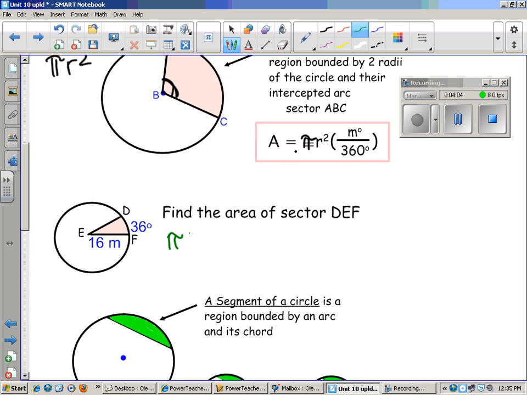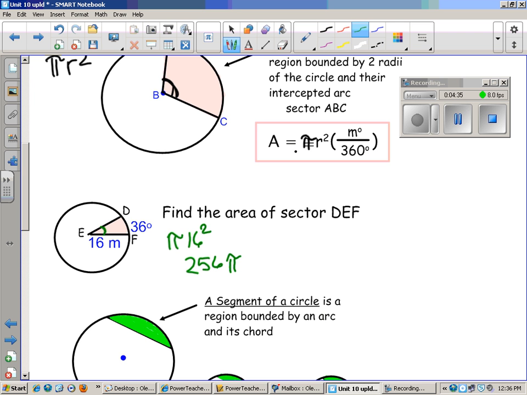Now, because r is 16, if I wanted the exact answer, I would just square 16 and leave the pi. So the exact answer is 256 pi. That's the exact area of the circle, no rounding.